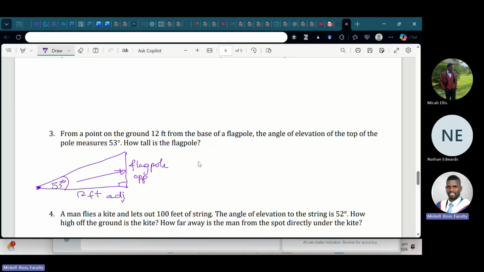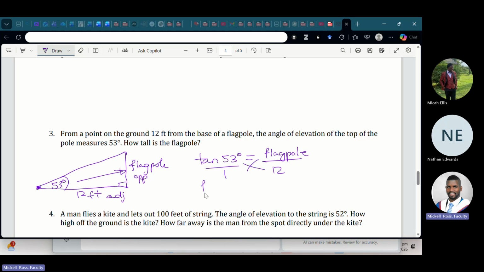So based on this, if you have opposite and adjacent, you're dealing with tan. So tan of the angle, which is 53 degrees, is equal to the opposite side. You can just write flagpole if you want, all divided by 12.